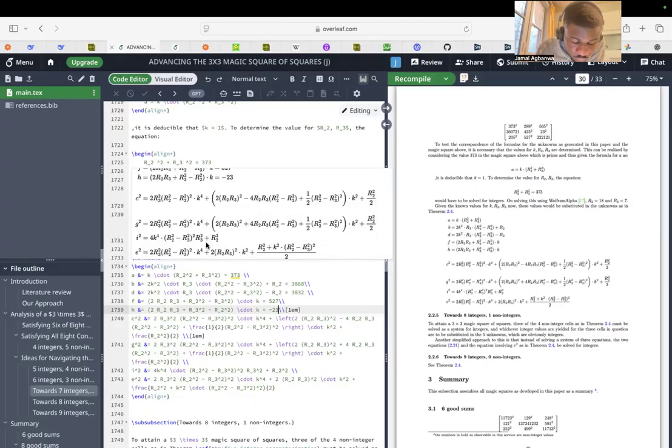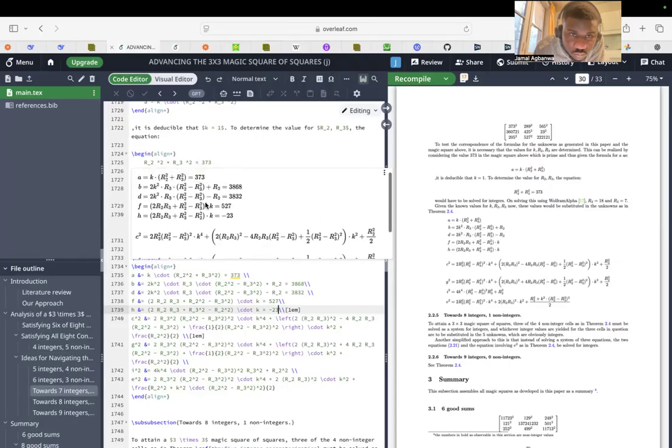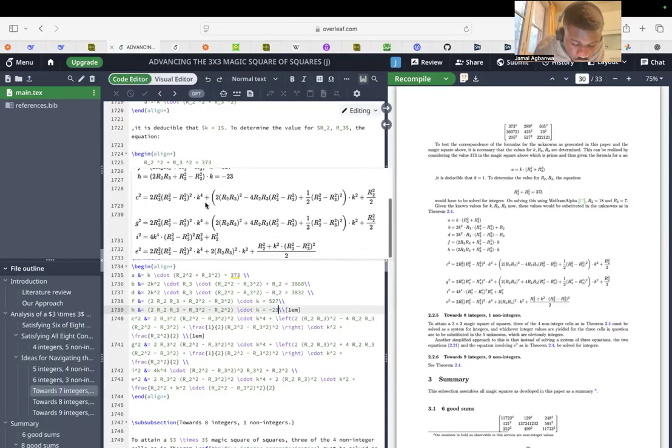R3 is 7 plus 18 squared. Oh, wait. Ah, okay.